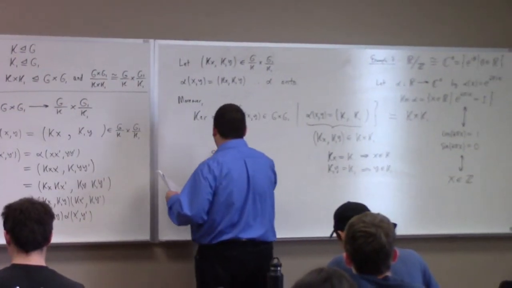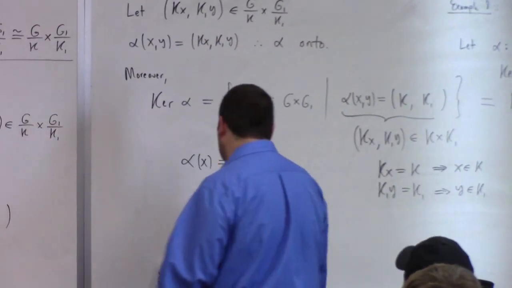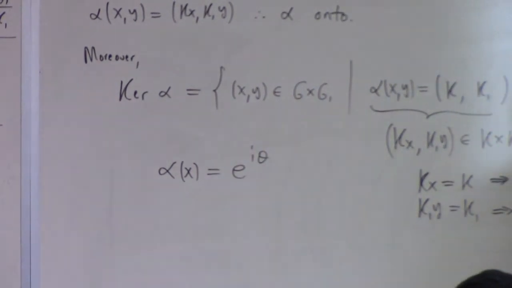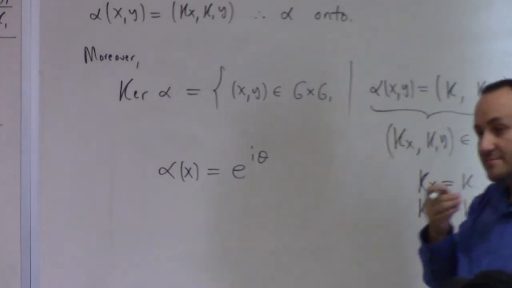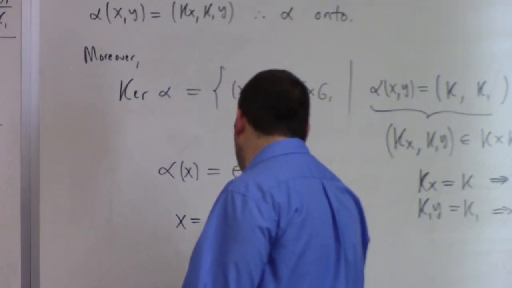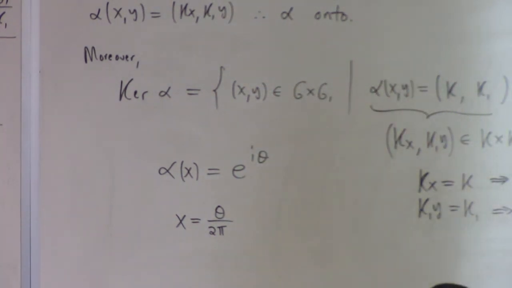Now I want alpha of x to equal e to the i theta. What do I make x equal to? What's that? There's the proof of onto. Okay. Given our presentation of C0.